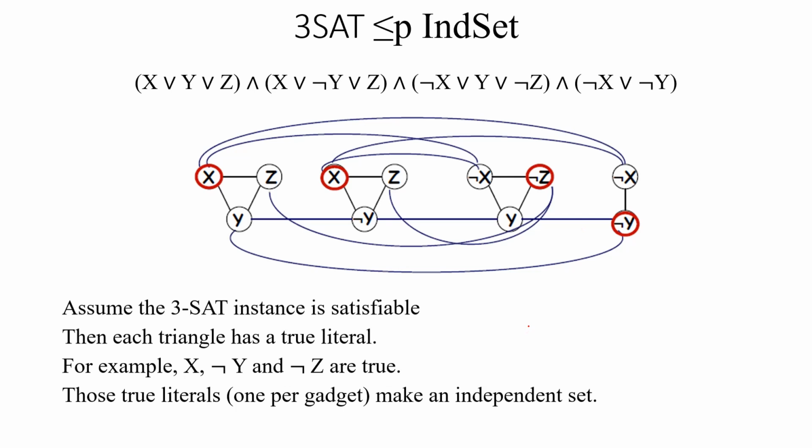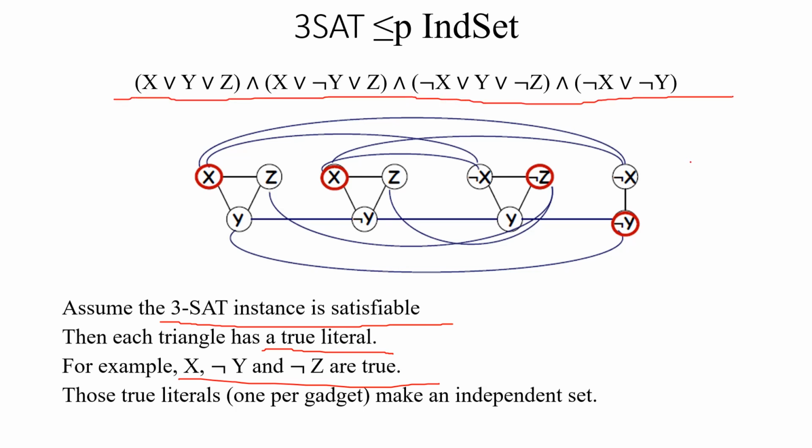Next, to show that it is totally possible, we assume that 3 SAT is satisfiable, and each triangle has a true literal, like each clause has a value. It's totally possible that each clause has a value of true. So if we have these values, let's say that x is 1, y is 0, z is 0, then we can satisfy this formula.